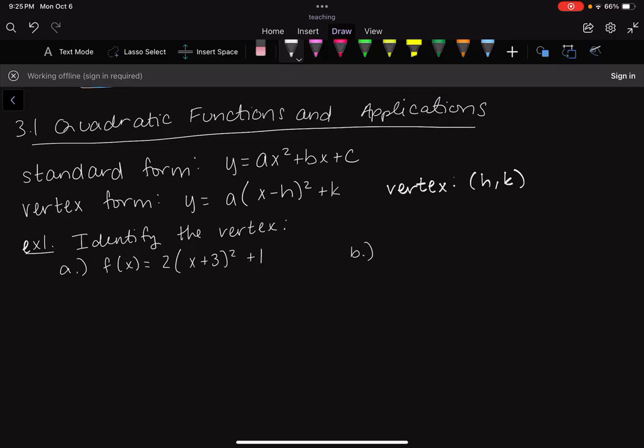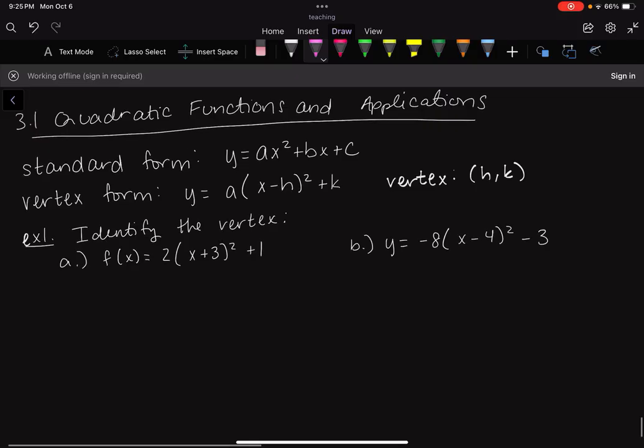And then B, let's do y equals negative 8x minus 4 squared minus 3. I'm just making stuff up. So you want to compare it to our vertex form here.